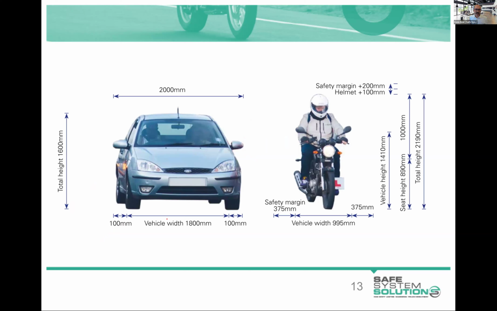You've seen a lot of motorbikes and cars out there, but even a small car is significantly wider than a motorbike. And you can see there are some safety margins on the outside of the standard thinking around a bike.